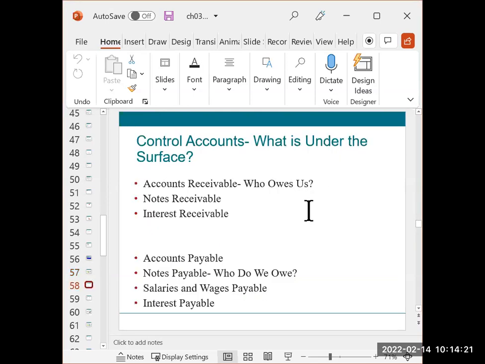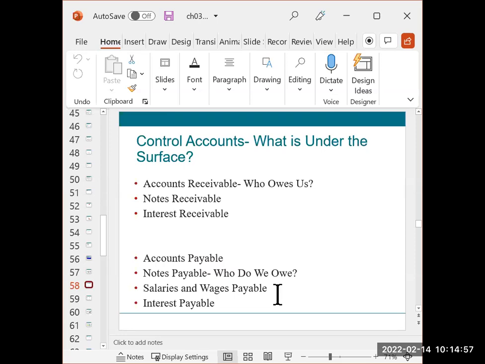Now, this is what I was just talking about with the control accounts. In the real world, you would have different accounts for each one of these, so that you would know: accounts receivable, who owes me money; notes receivable, what different notes do I have out there and who owes me; interest receivable, what customers owe me interest; accounts payable, who do I owe money to; notes payable, who do I owe different notes to; salaries and wages payable, who do I need to pay paychecks to?